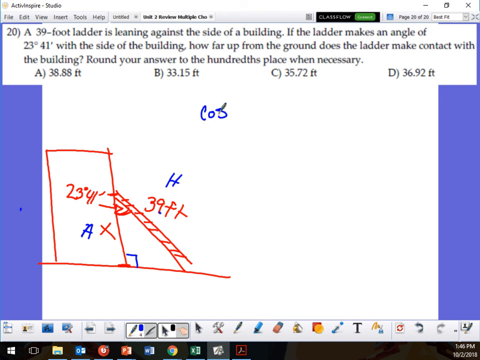So cosine of my angle, 23 degrees, 41 minutes, is equal to adjacent over hypotenuse, so it's x over 39. Multiply both sides by 39.